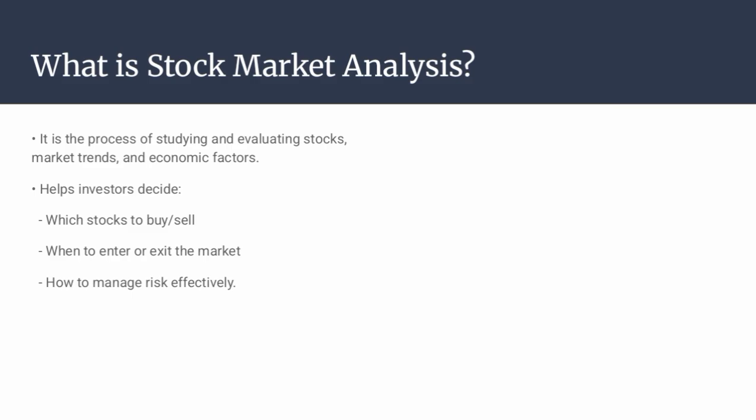Fundamental analysis of Infosys. Starting with fundamental analysis, earnings per share, EPS, is about rupees 62.5, showing strong profitability. P/E ratio is around 25, which is reasonable compared to other IT companies. Dividend yield is 2.5%, showing that it provides regular returns to shareholders.